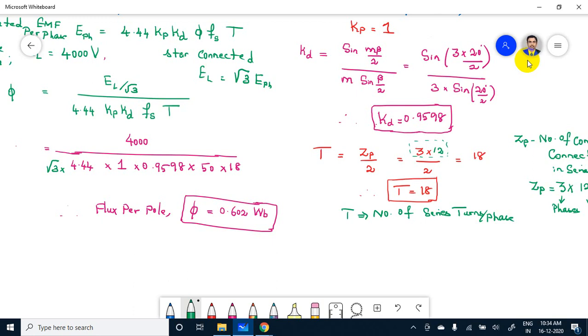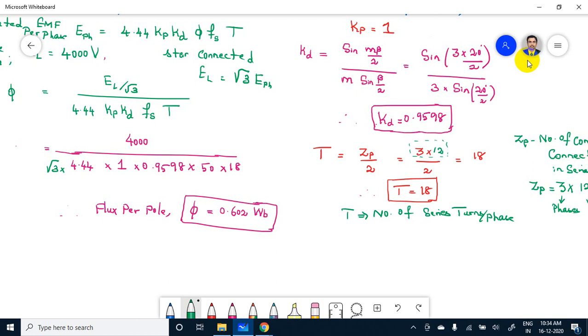Sir, conductors is equal to number of slots into number of conductors per slot. Conductors per slot will be 2.